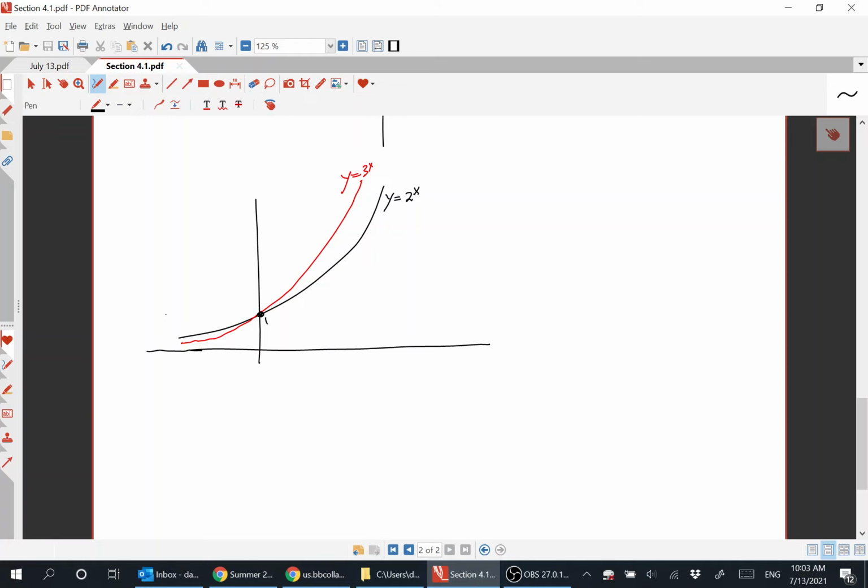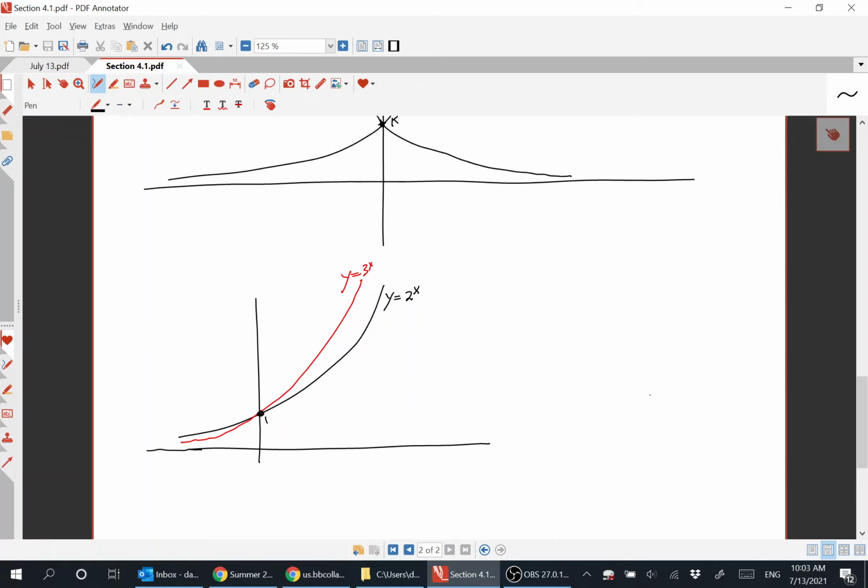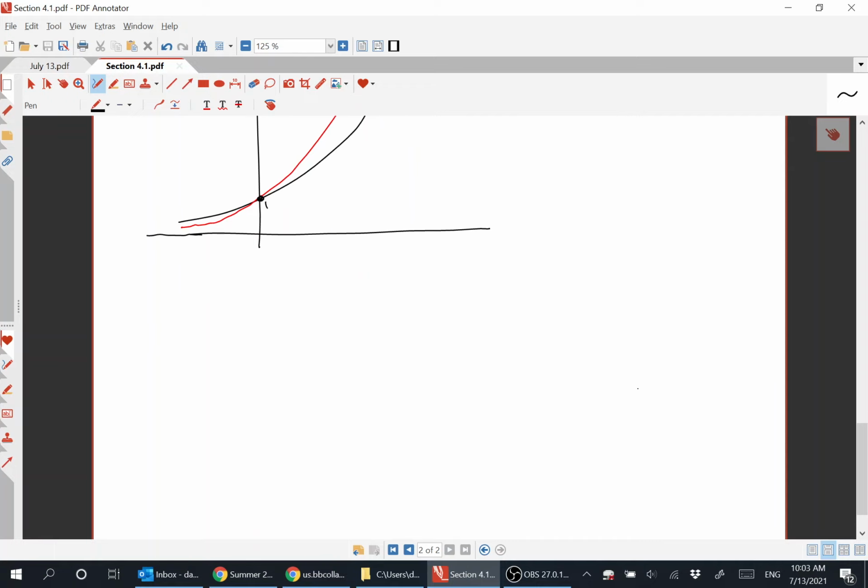I'm sure you've often heard someone saying that it's growing exponentially or decaying exponentially or something like that. That means very fast, essentially. So the growth of an exponential function outpaces any polynomial. Eventually. Not necessarily initially, but eventually. Okay.